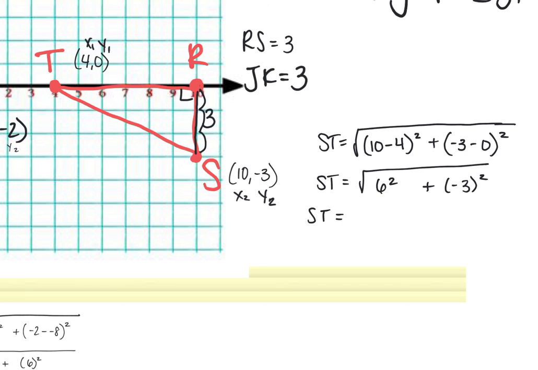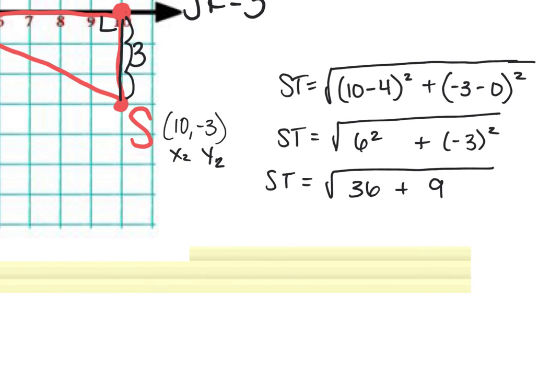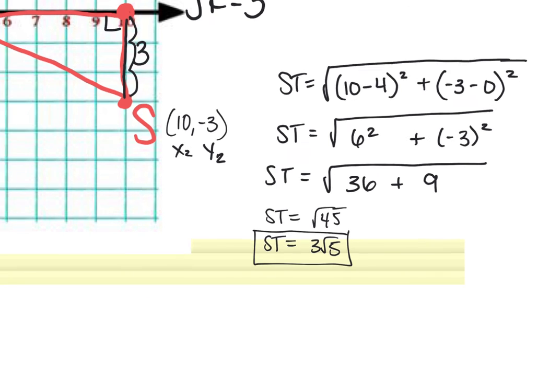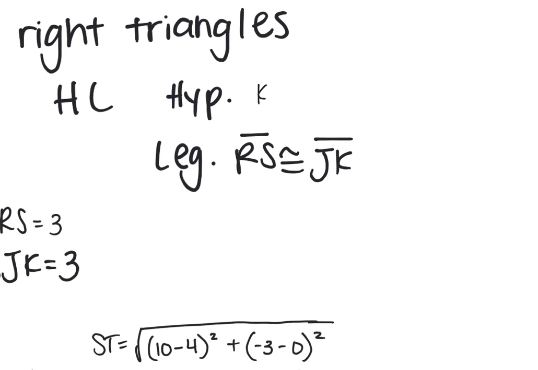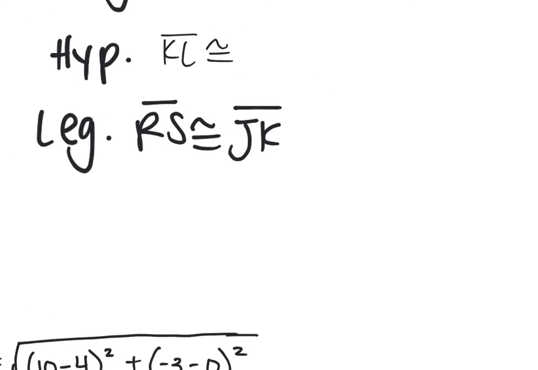ST equals the square root of 6 times 6, which is 36, plus negative 3 times negative 3 is going to be positive 9. We got ST equals the square root of 45, which we just said simplifies to ST equals 3 times the square root of 5. So these two are also the same length, so we can say that they're congruent. So we would say that our hypotenuse, KL, is congruent to ST.